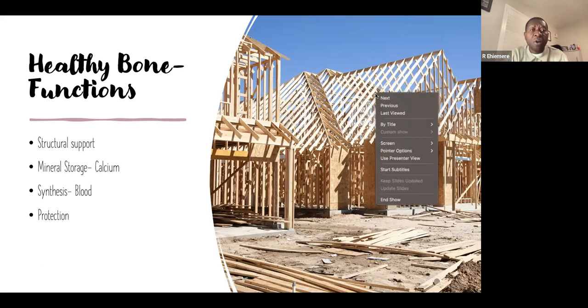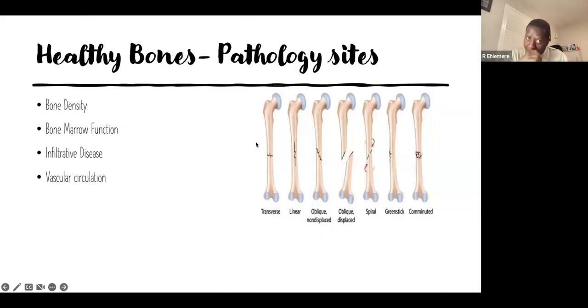Still talking about healthy bones. What are the sites of the bones that are being threatened? While we're thinking about a healthy bone, what constitutes that healthy bone?